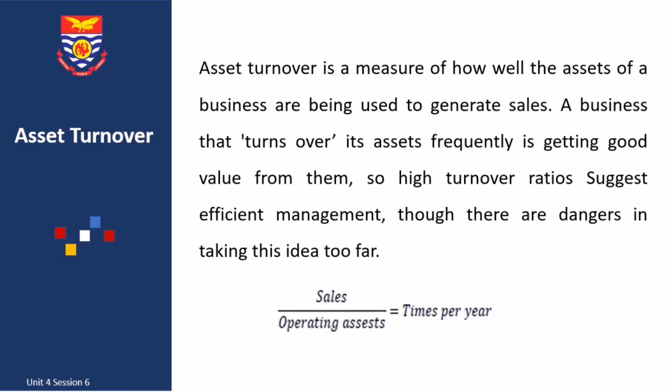Asset turnover is calculated as the sales over your operating assets. So the sales you made in a particular period over the operating assets for that period is what will give you your asset turnover.